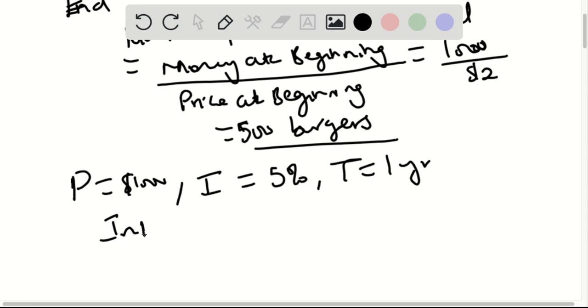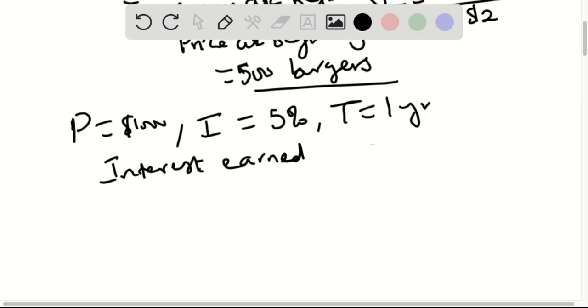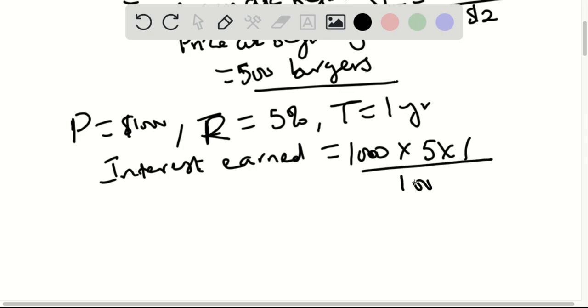So the interest earned is equal to P times R times T, divided by 100. So this is equal to 1,000 times 5 times 1 divided by 100. So this equals $50.